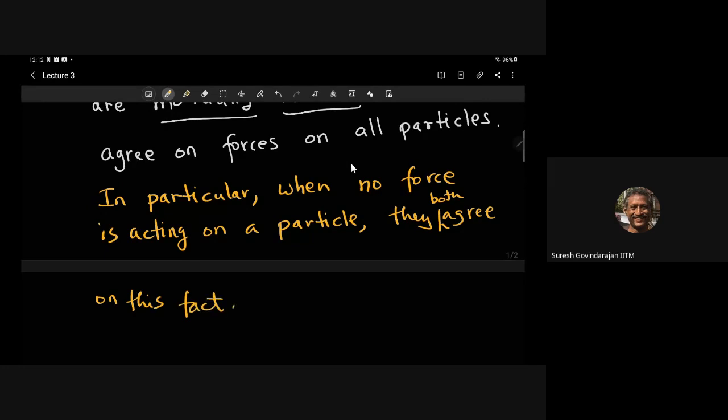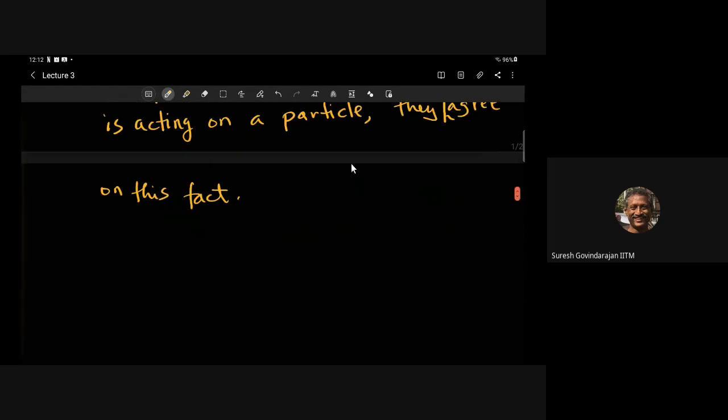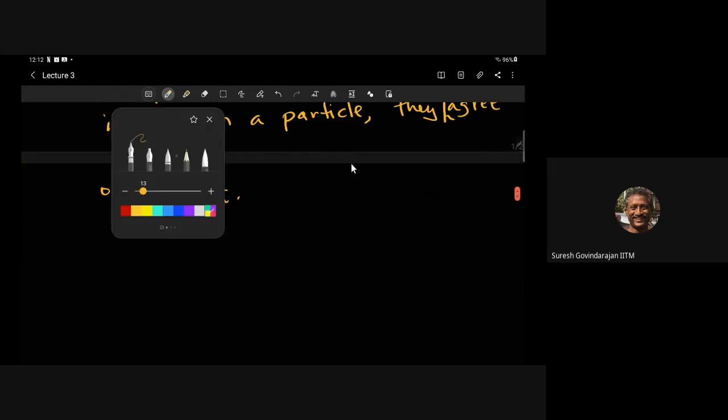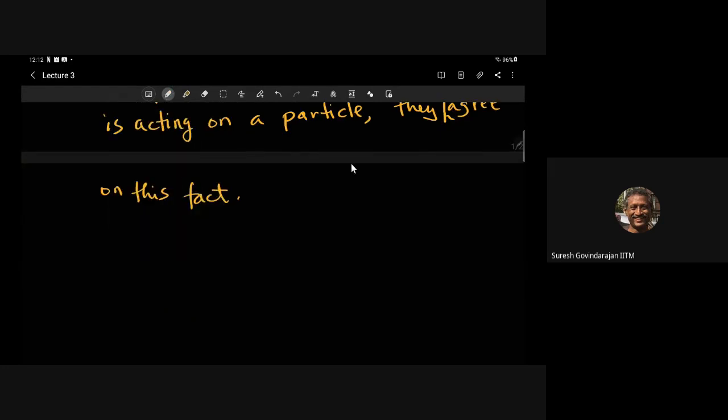So now, let's go back and consider two observers, A and B, who are mutually inertial.